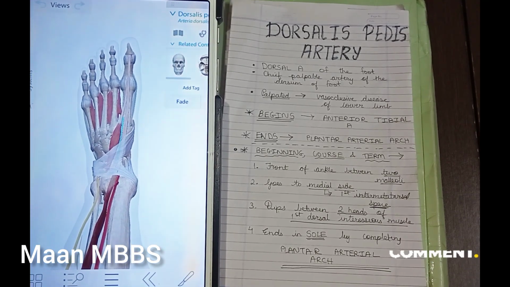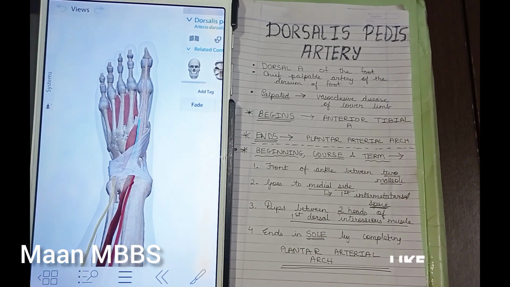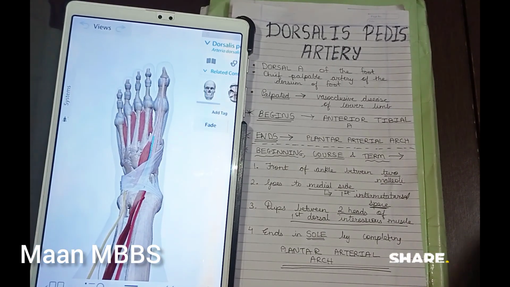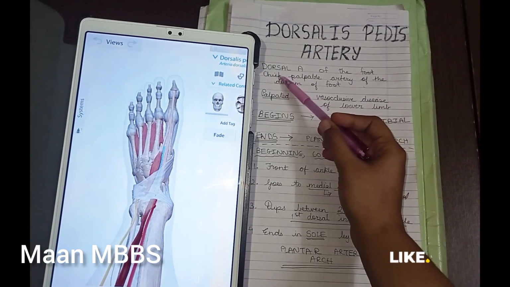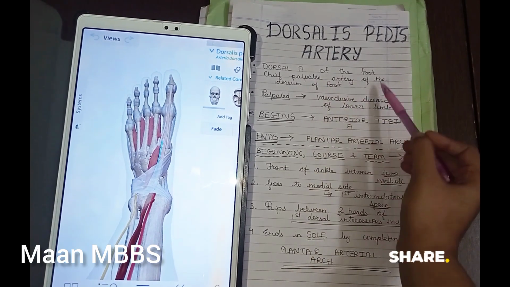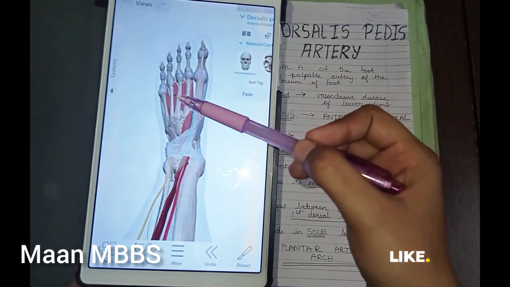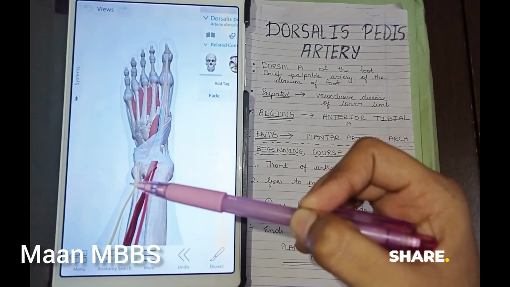Today we will be speaking about Dorsalis Pedis Artery. Let us begin. Dorsalis Pedis Artery, dorsal artery of the foot, chief palpable artery of the dorsum of foot. As we can see in this diagram, it is there on the dorsal side of the foot.